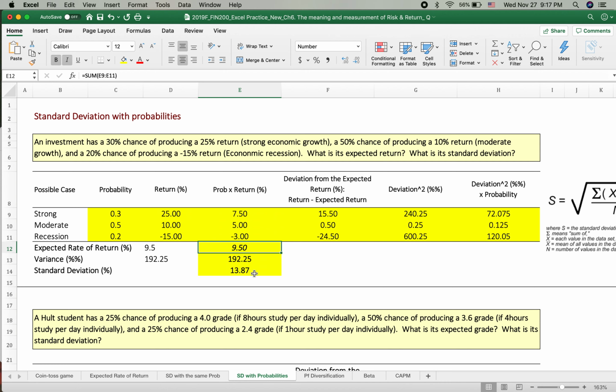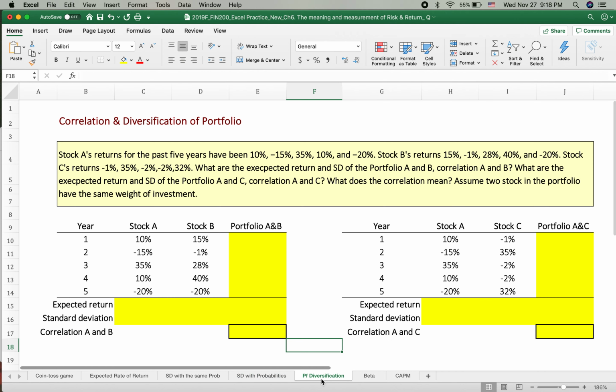In order to avoid this, we have to find stocks that have lower standard deviation. But if we really want to invest in these stocks, there's no way to reduce this risk, right? That's why we can diversify our portfolio.